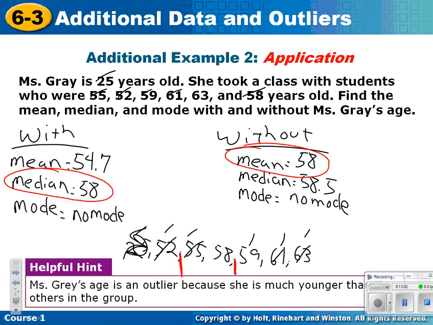Ready? If you have an outlier, the median is the best representation. If you do not have an outlier, the mean is going to be your best representation. Okay. Because it's closest to the average, it's a best representation of that set of numbers.